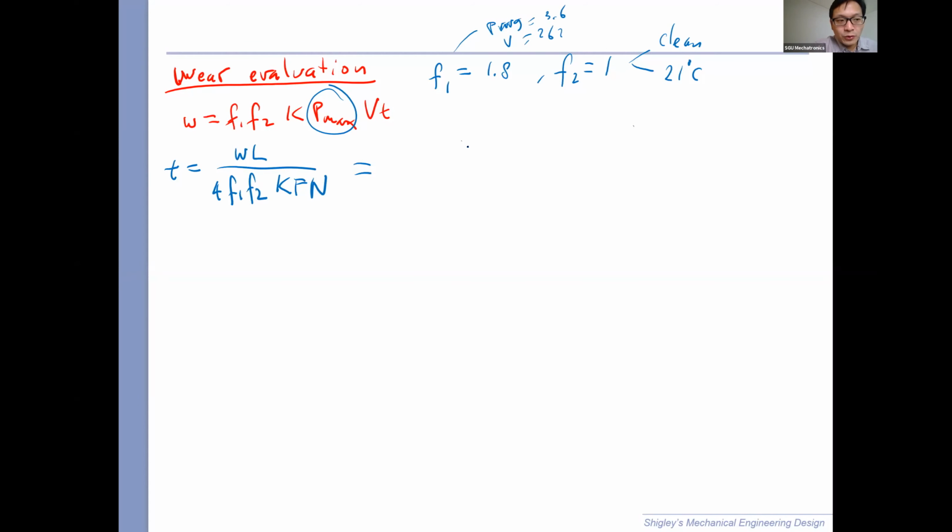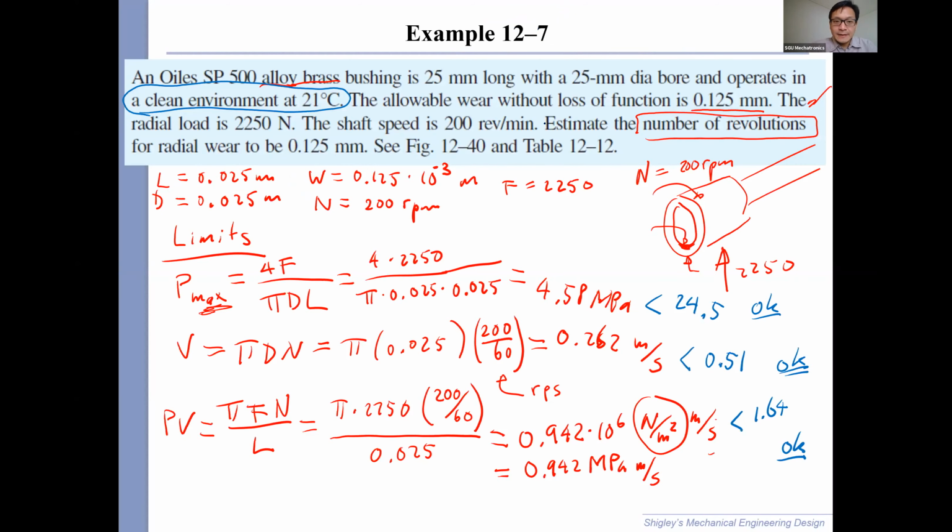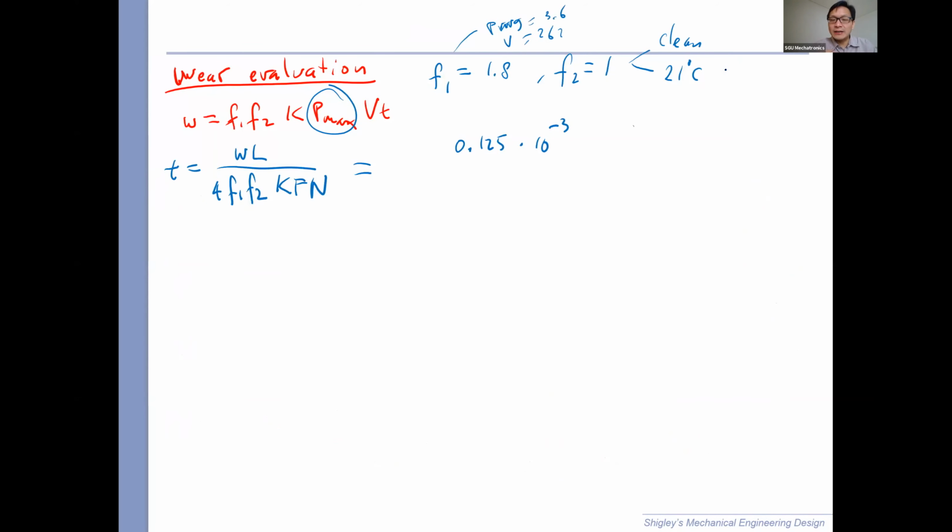So we have 0.125. Oh, this W. Remember, W is the wear limit. The allowable wear without loss of function is 0.125.